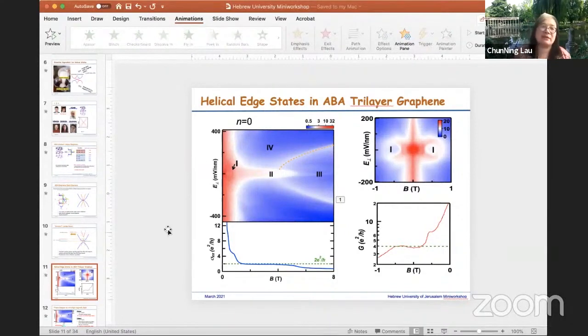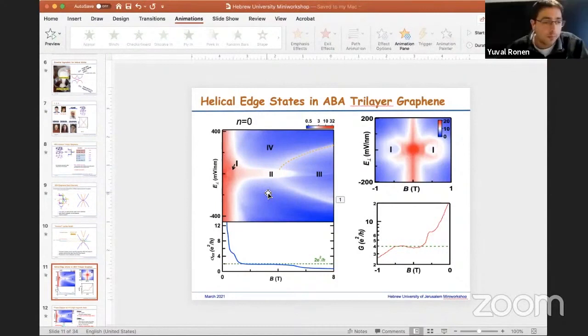This phase diagram is really robust. We can see it even in relatively disordered, lower mobility samples. But for fractional states, that would be extremely interesting, so that's also something we're hoping to work towards. Thanks.